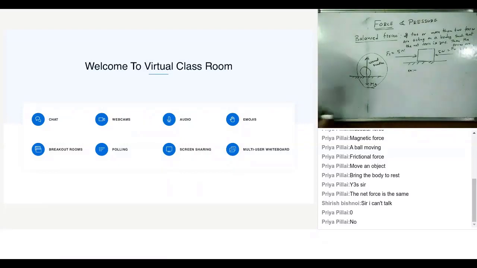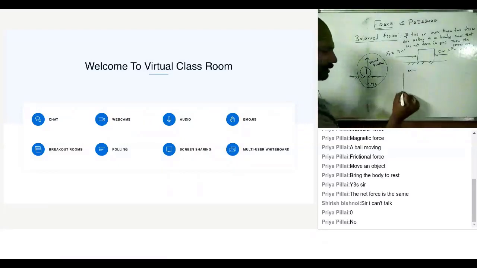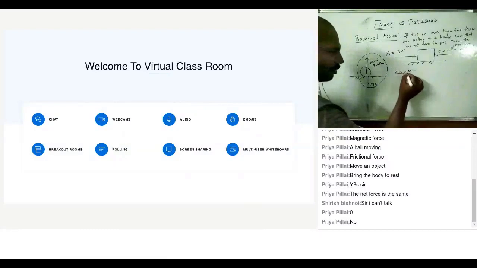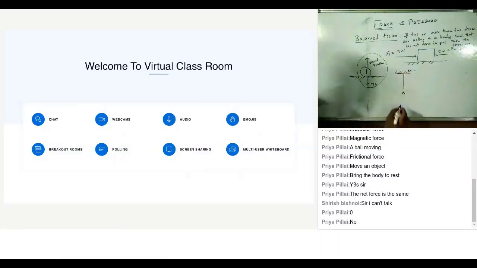A pendulum. What are the forces forming balanced forces here? The weight of the body, mg, and the tension in the string. The tension in the string is pulling up and the weight of the body is pulling it down.